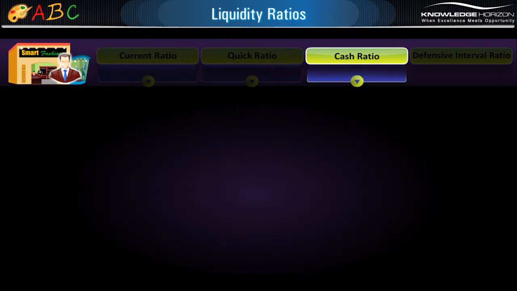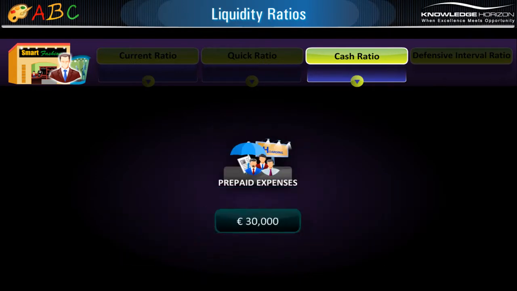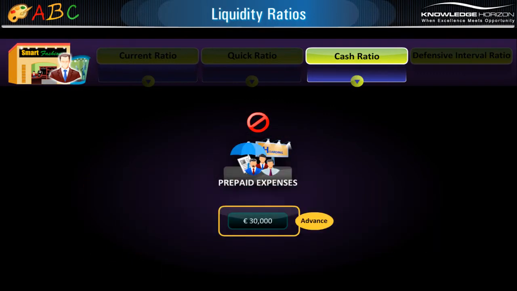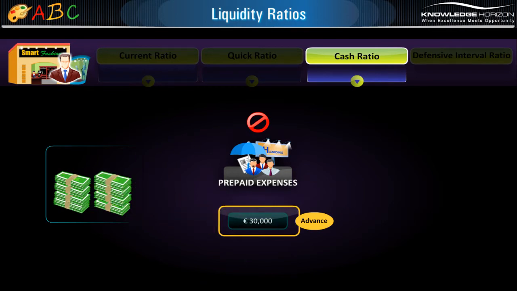Do you remember that Smart Fashions had paid prepaid expenses of €30,000? Let us assume that if they had not paid this figure in advance, their cash balance would have been greater by €30,000, which would have been €130,000.